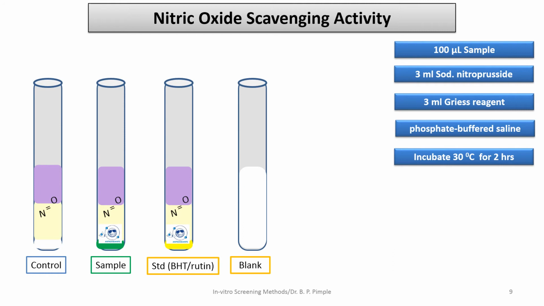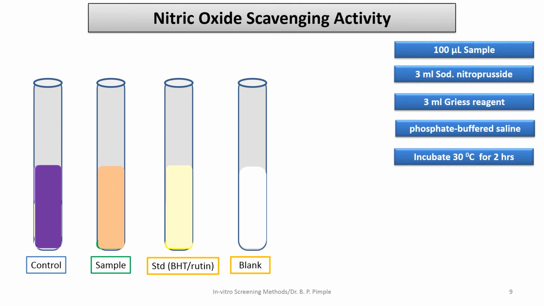In case of the sample, suppose we have a lesser amount of antioxidant, less oxygen will be thrown out. Whereas in case of standard, here you can find more and more oxygen getting out. Thereby, different colored solutions will be formed in the test tube.